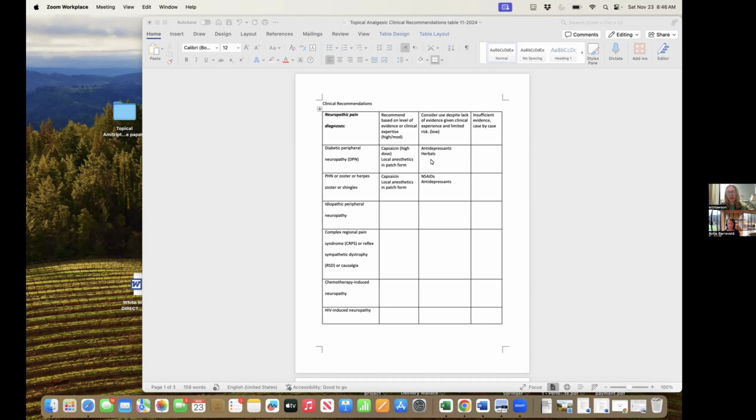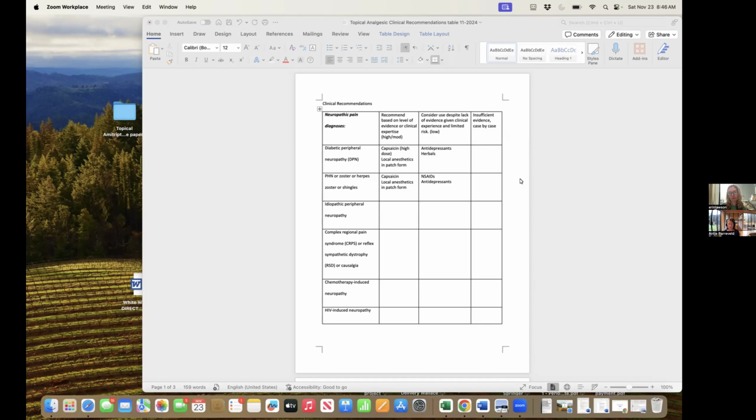And I just put in here on the table sort of how I would fill it out based on my review of everything. So I believe this is going to come in a free text type style where you'll have per disease state, and then you'll have a separate list of all the medication categories that we reviewed, and you can just enter what you would use and how you would recommend it.